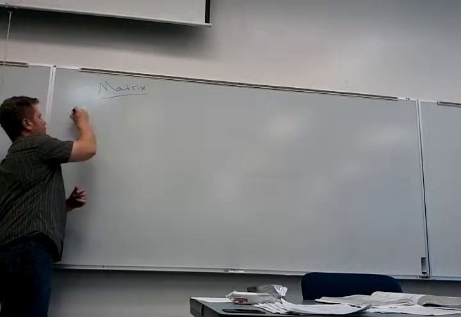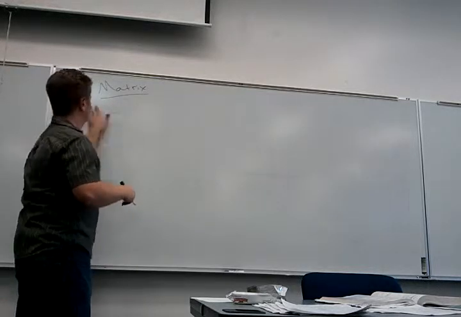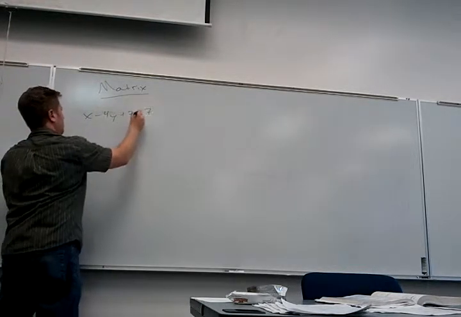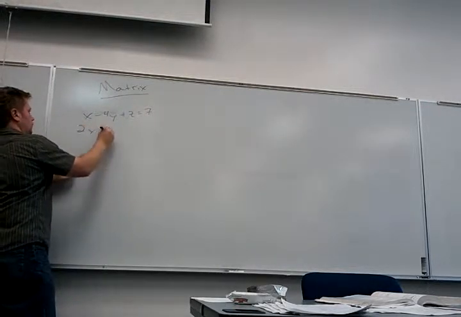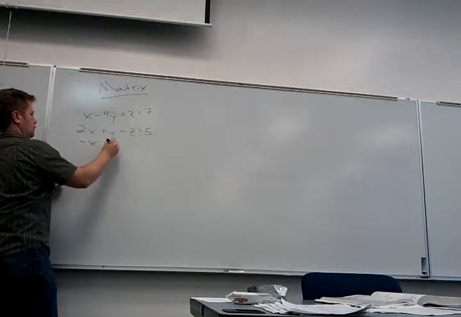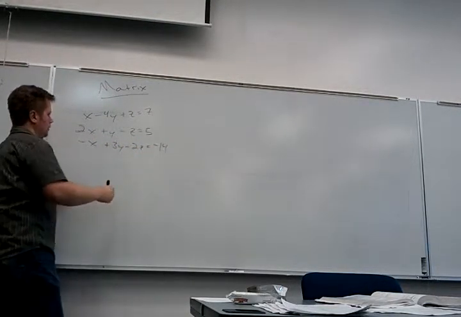5x minus 7y equals 11? No, there was the one with 3 variables. x minus 4y plus z equals 7. 2x plus y minus z equals 5. Negative x plus 3y minus 2z equals negative 14. Thank you.